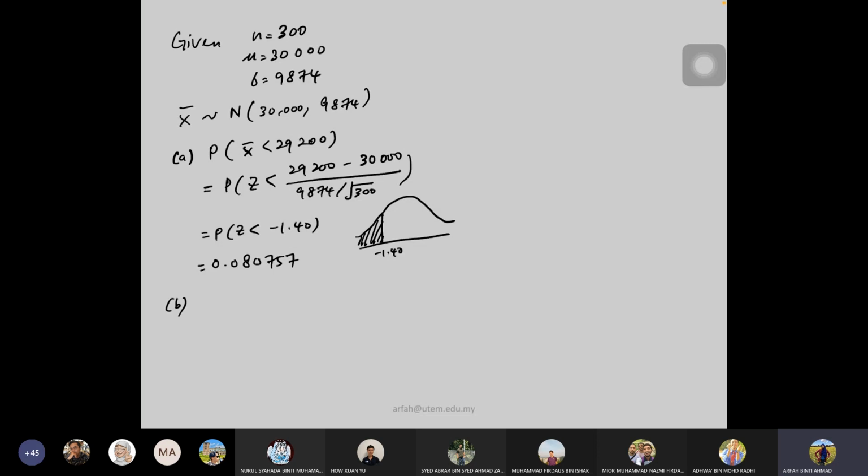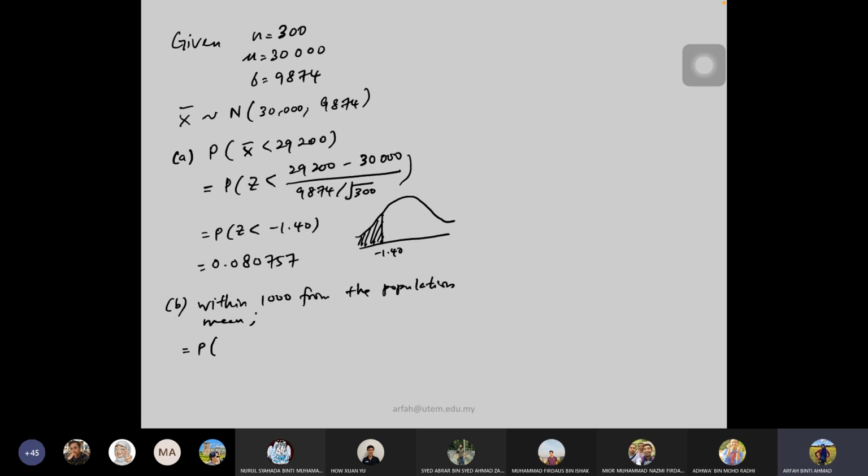Question B: the probability that the mean annual salary will be within 1,000 of the population mean. So this equals the probability of what? Anyone give me the answer for B?